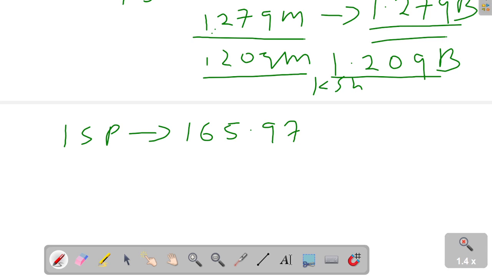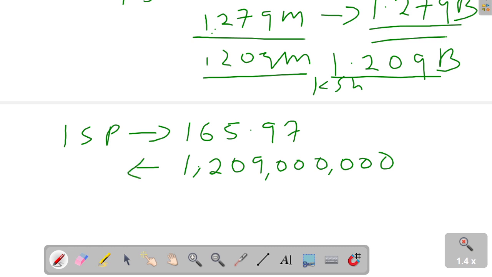So now let me have it in full. This is 1,209 million Kenyan shillings.